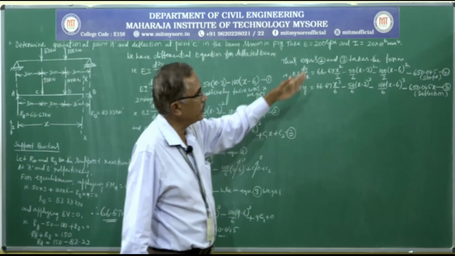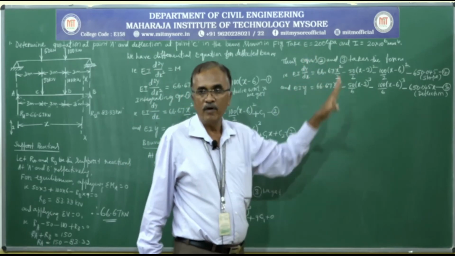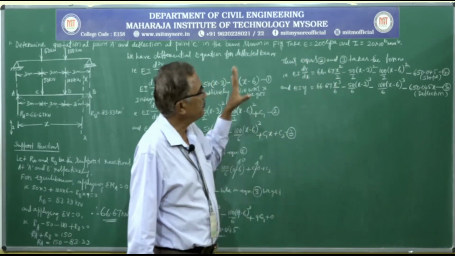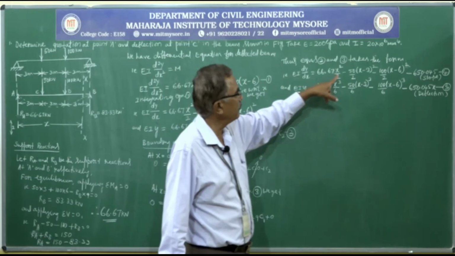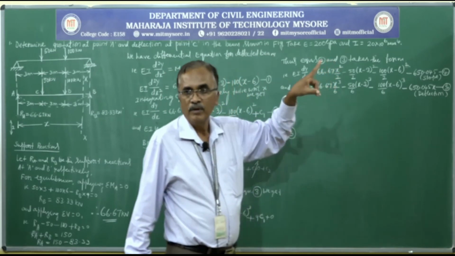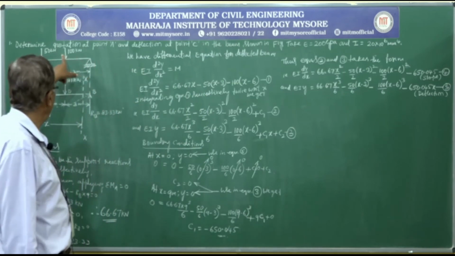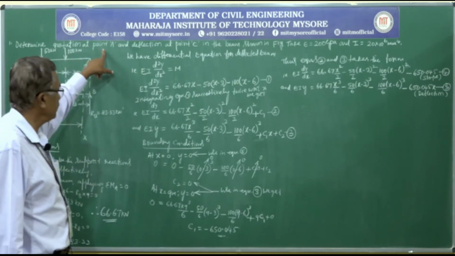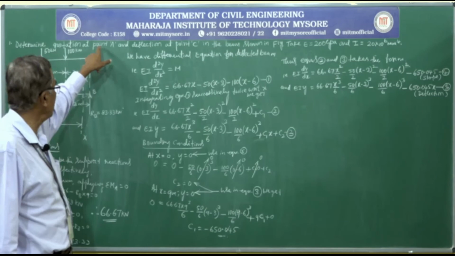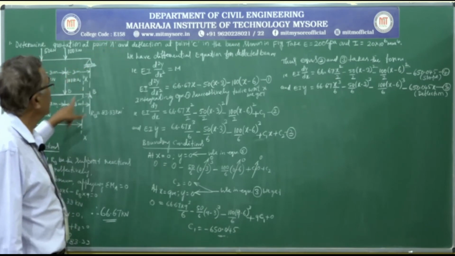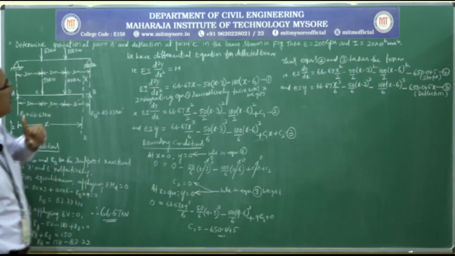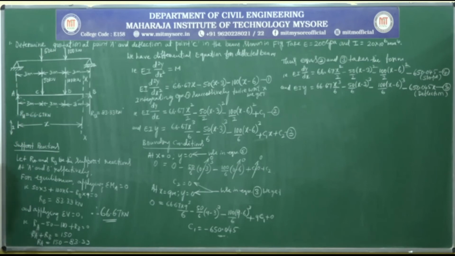These equations are ready to give slope and deflection wherever we want. Simply if you substitute the numerical value of x, we get the deflection. In the problem it is asked to find rotation, meaning slope, at point A and deflection at point C.